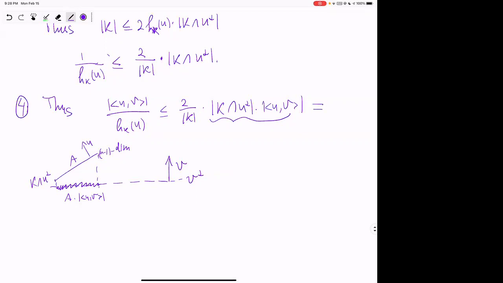In other words, this is nothing but 2 over the volume times the n minus 1 dimensional volume of the projection of the section.